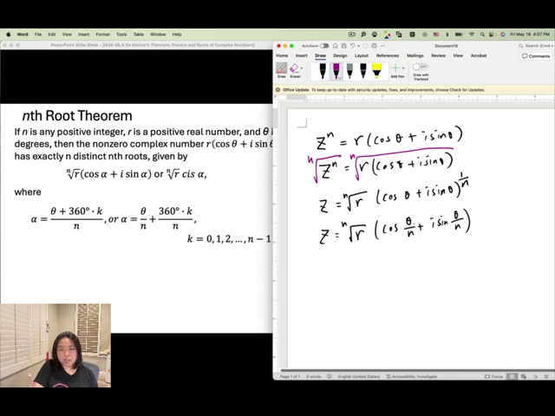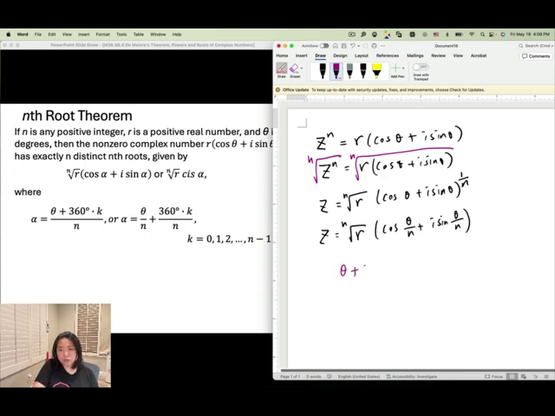So you may ask, how come you only have theta over n, but the formula has theta plus 360 degrees times k, all over n? It is because the theta that I represented is only from 0 to 360 degrees. Of course there will be more than that. This is just my theta, the argument.